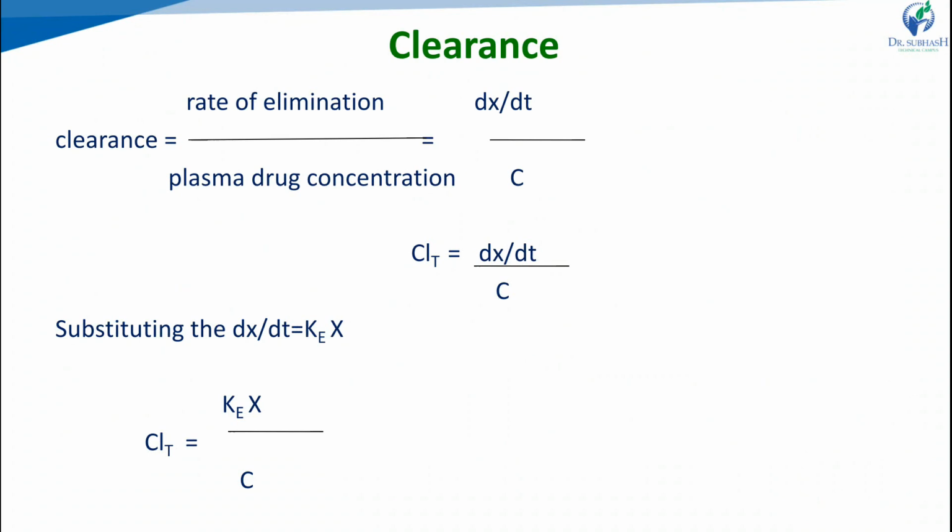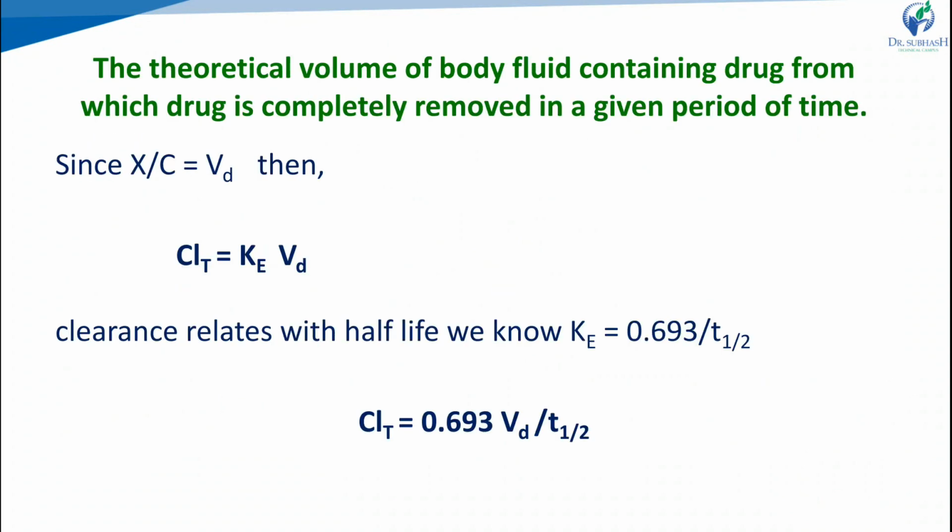So clearance is equal to dx by dt upon C. For the one compartment IV bolus, dx by dt is equal to Ke x. So substituting that value into the equation, clearance is equal to Ke x upon C. So x upon C is the volume of distribution, so clearance is equal to K into Vd.